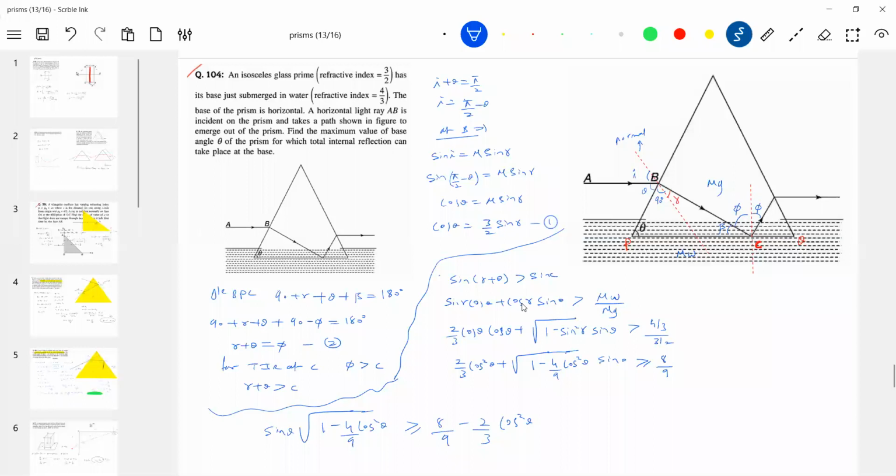Squaring, so that root will get eliminated. Sine square theta equals 1 minus 4 by 9 cos square theta, and so on. Okay, now yeah. Oh, such a big one.